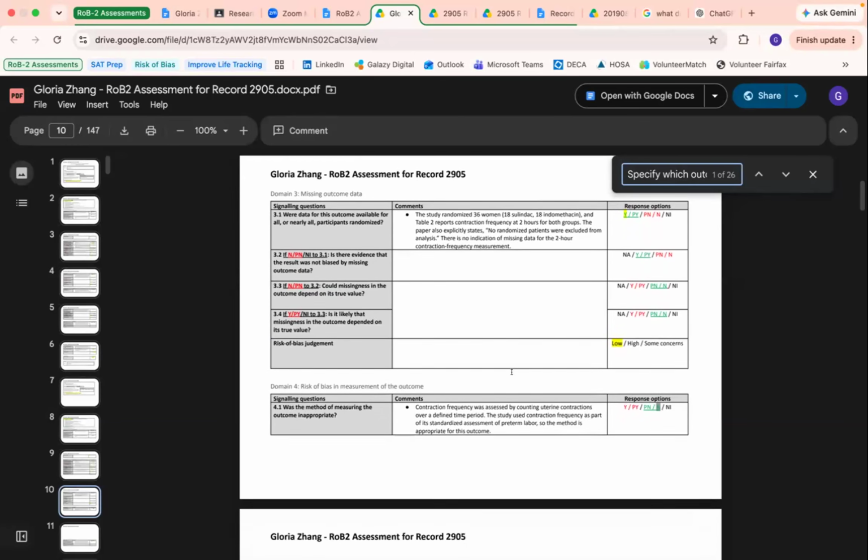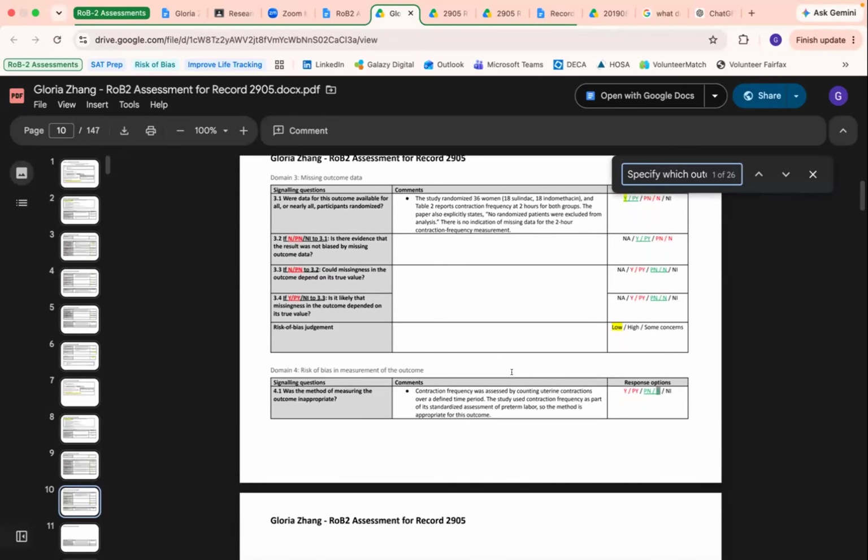For domain four, on 4.1, was the method of measuring the outcome inappropriate? What did you guys answer for it? I said NI for that one. Yeah, I said not enough information.